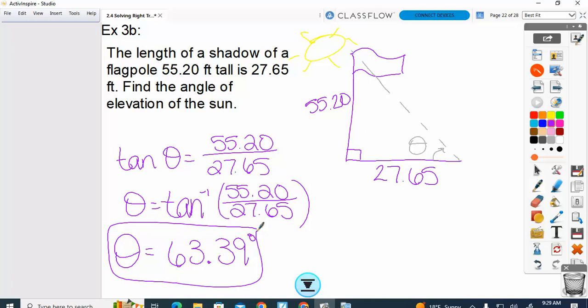Let's stop here for today. We are not done with the section. We will finish it tomorrow.